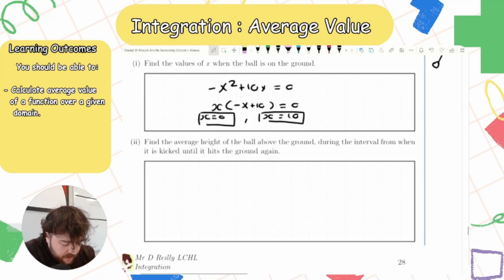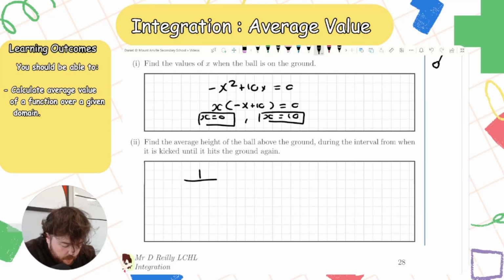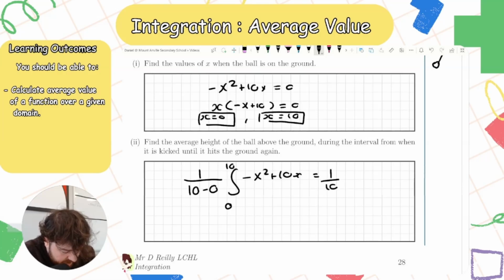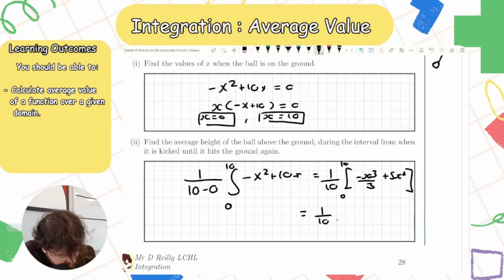I'm looking for 1 over, so between 10 and 0, it'll be 10 minus 0, times the integral between 10 and 0 of minus x squared plus 10x. So 1/10 times the integral between 10 and 0 of minus x cubed all over 3 plus 5x squared. That is going to be 1/10 times minus 10 cubed all over 3 plus 5 times 10 squared.